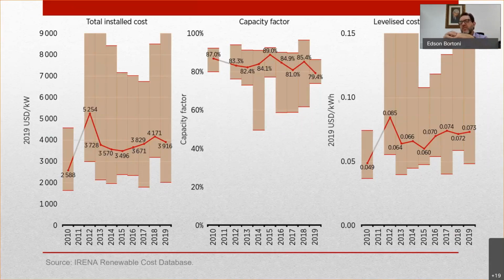What is the capacity factor, or sometimes called the plant factor? It is the result of a calculation. It is the energy you generate over the energy you could generate with the power plant you have if it worked 100% of the time, when it would generate its maximum.